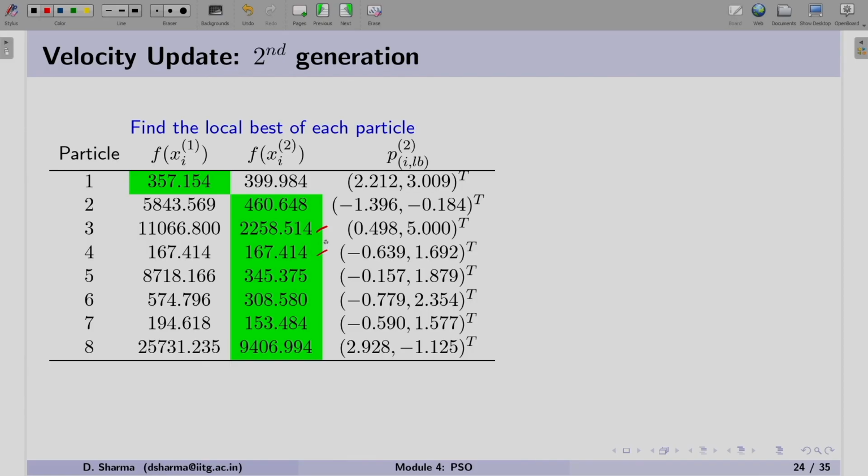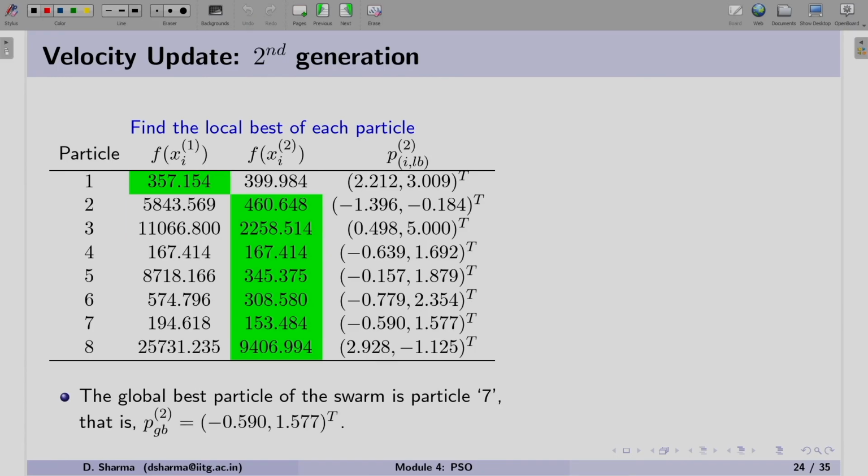So, in this case we will find that the new position has updated the local best of the particles. Now, since we have calculated the local best of the particle, we now have to update the global best of the particle. How can we find it? I am just looking at the green part here.